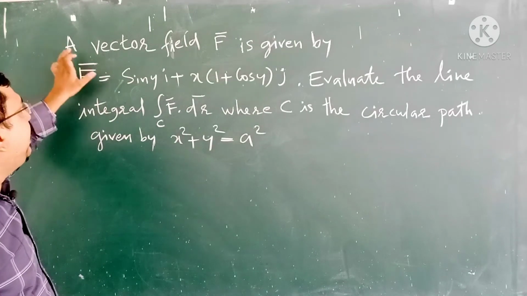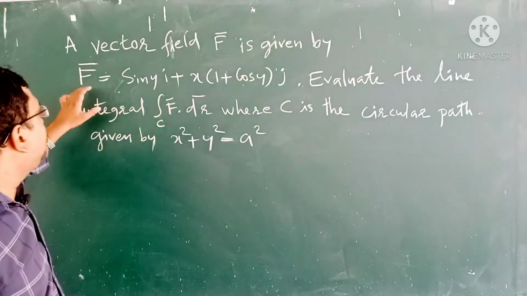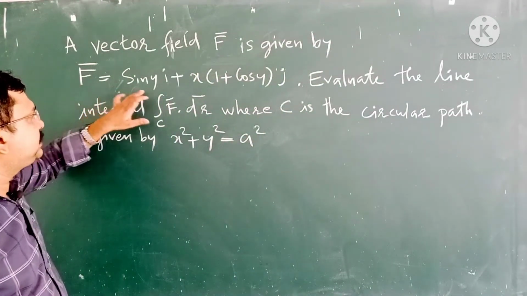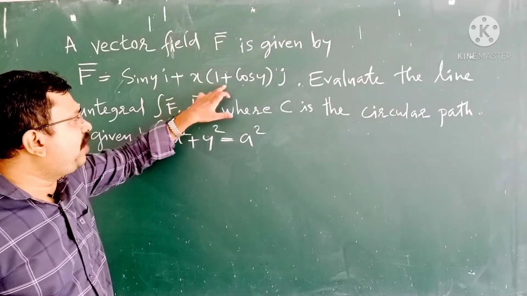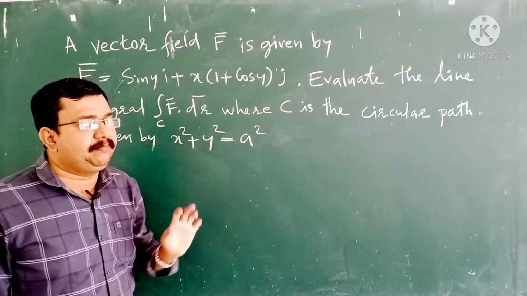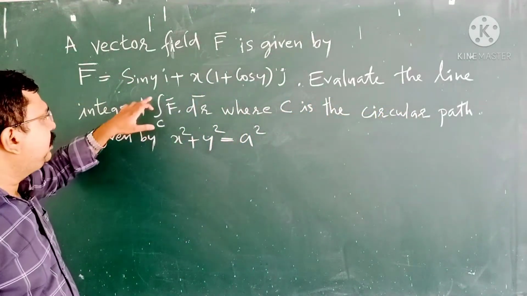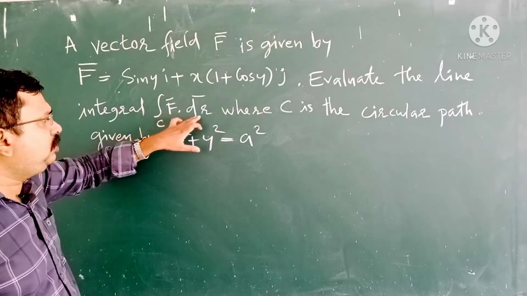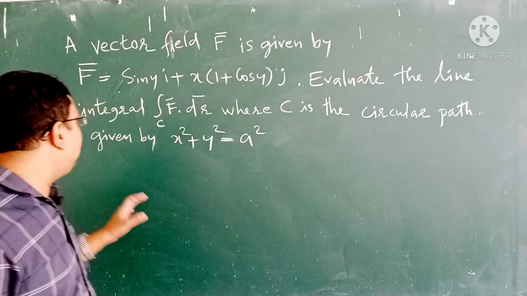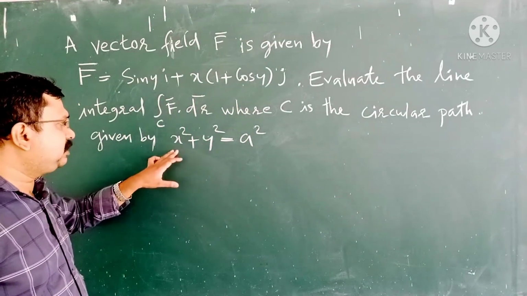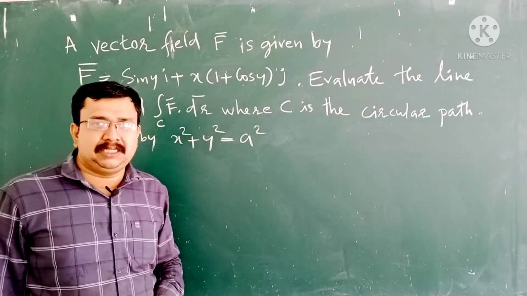Our question is, a vector field F is given by vector F equals sin y i plus x into 1 plus cos y j. Then evaluate the line integral over C of F dot dr, where C is the circular path given by x squared plus y squared equals a squared. Okay, please write down.